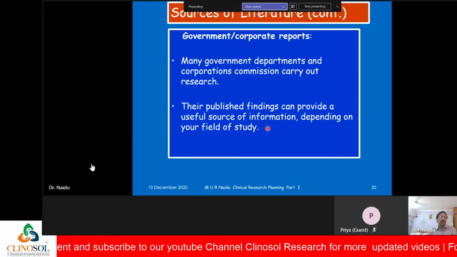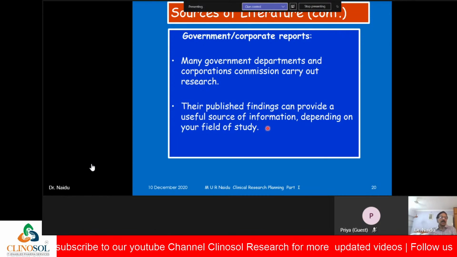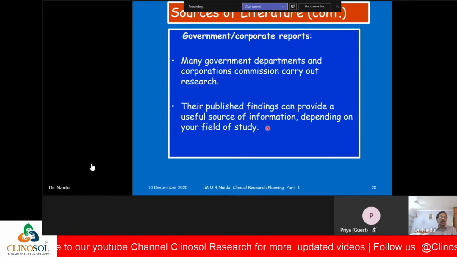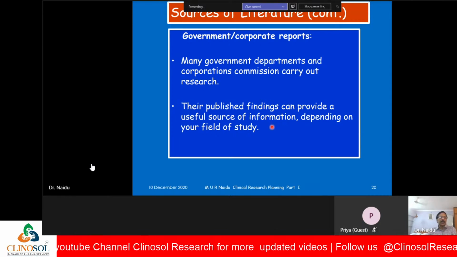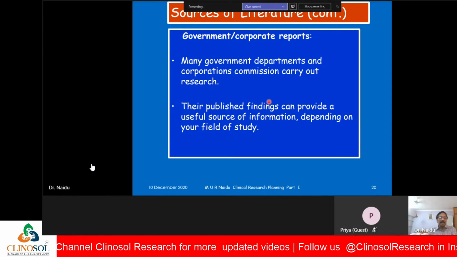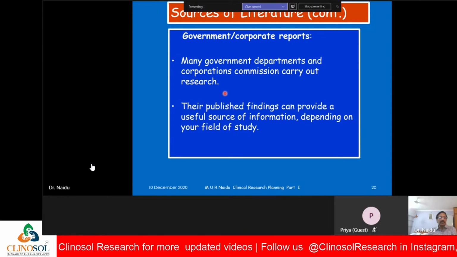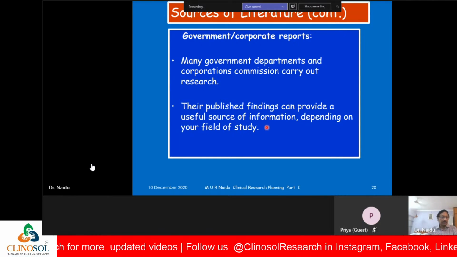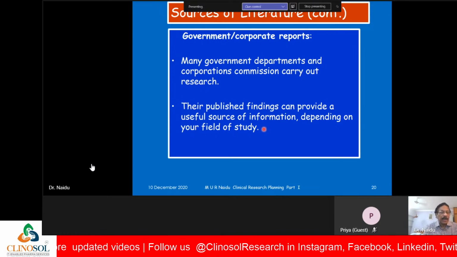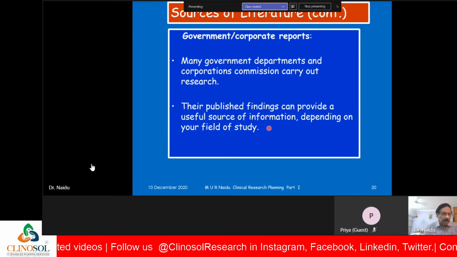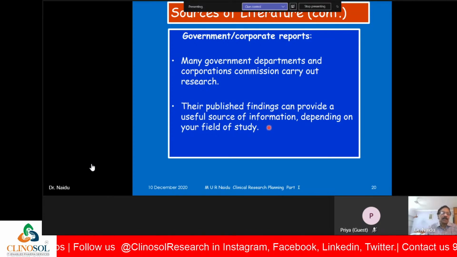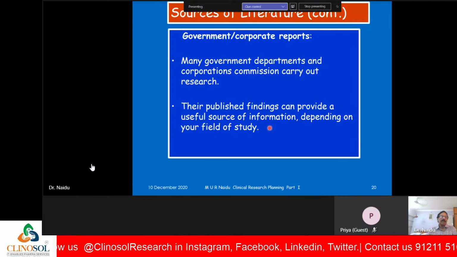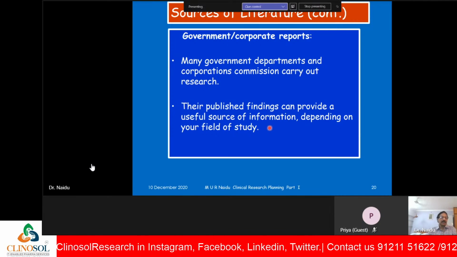Suppose you want to do an epidemiological study and you want to know where this particular problem is more common, then this kind of publication is very important. Here I can give you an example. Somebody wants to do a study on pancreatic cancer. Now you want to know in which area of the country pancreatic cancer is very high.